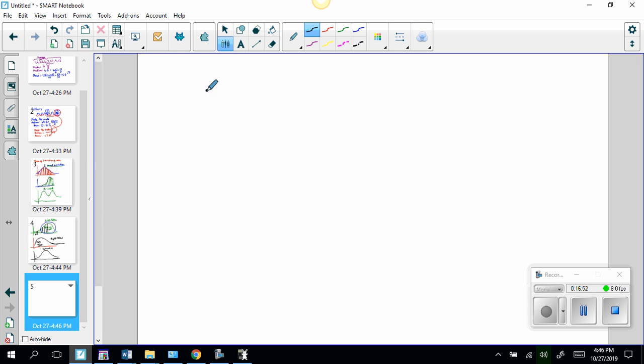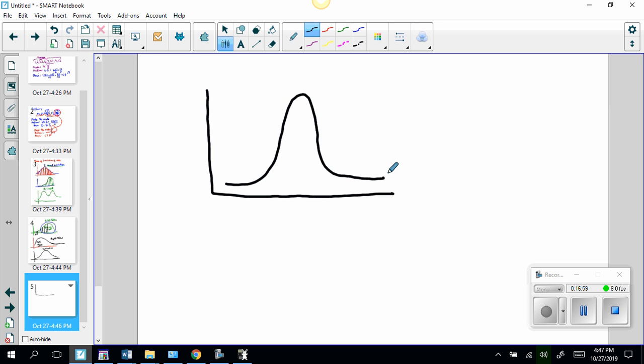Next, we got data with low variation. Maybe one or two high values, one or two low values, but all the data is nice and tight.